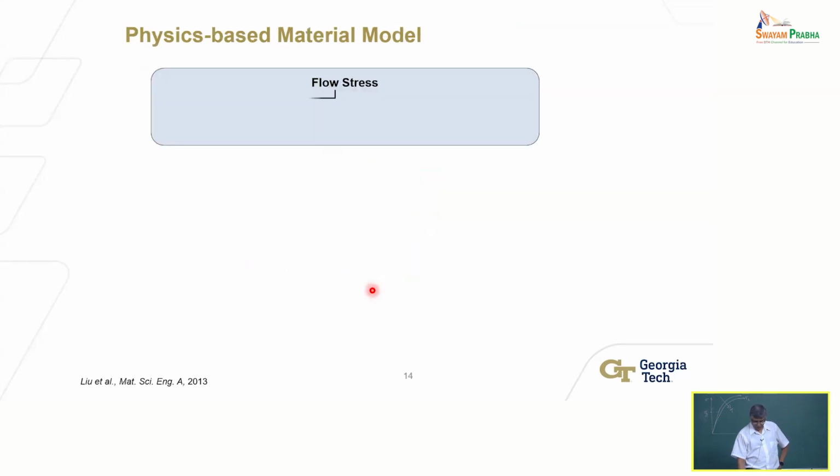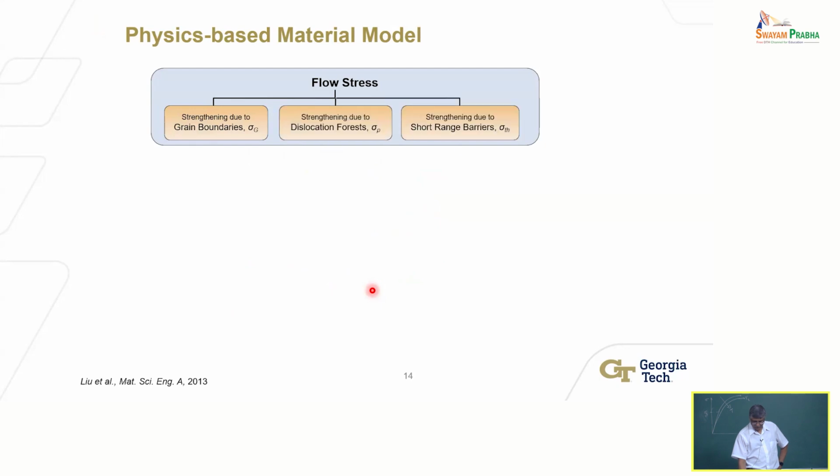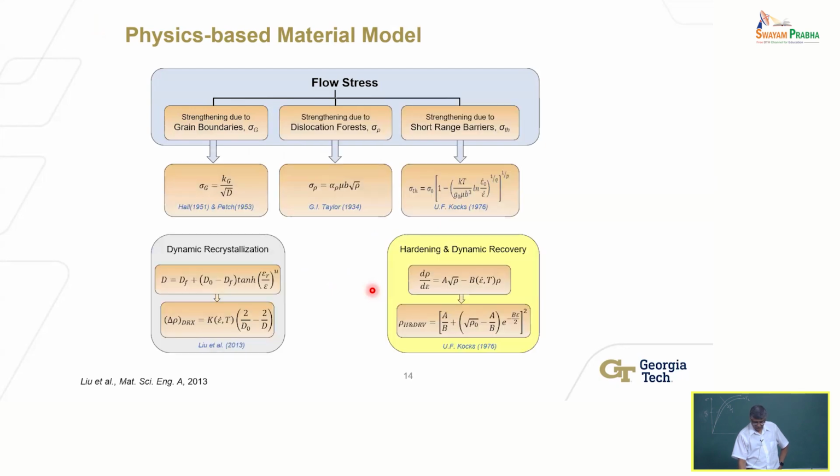All right, so without making this more difficult, I'm just going to show you this flow chart that describes what this complex model essentially does. I showed you conceptually what it's doing. So this is flow stress. There are grain boundaries, there are other dislocations that it has to get past, and there are other short-range barriers, like essentially, between atoms, there is repulsion, there's attraction, right?